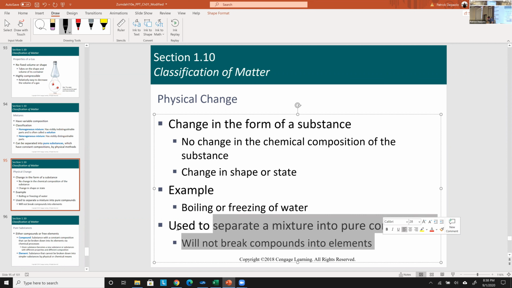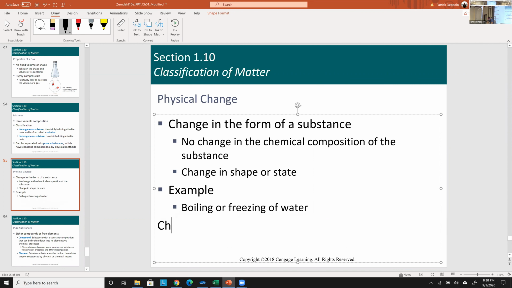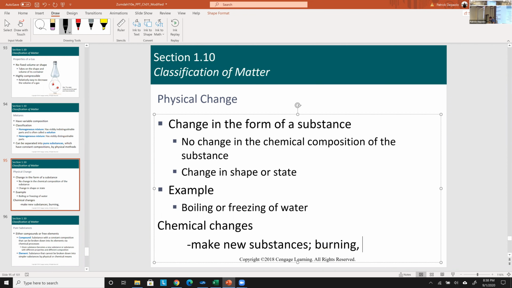And then we'll talk about chemical changes real quick. So chemical changes change or make new substances. Examples, you'll have burning. You'll have tarnishing.